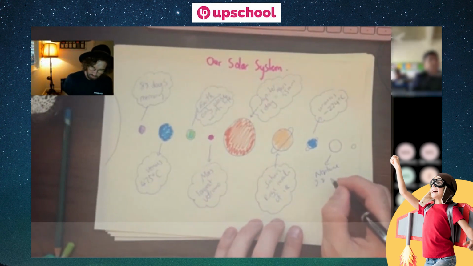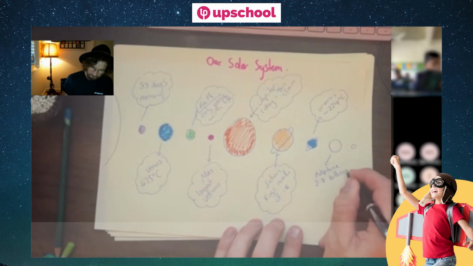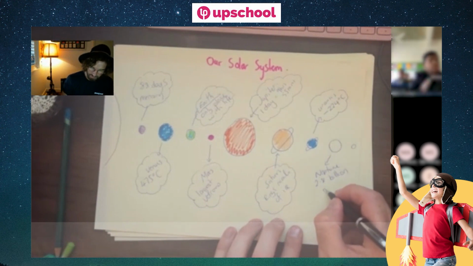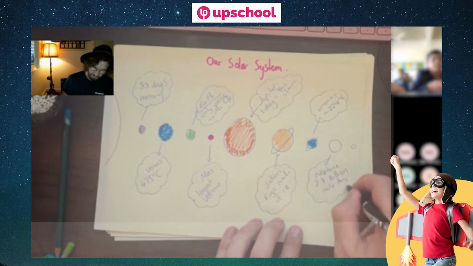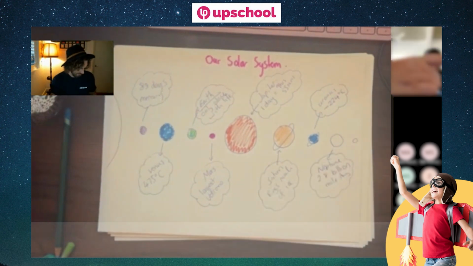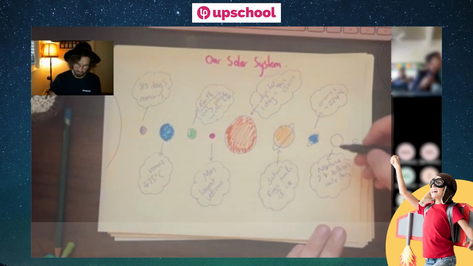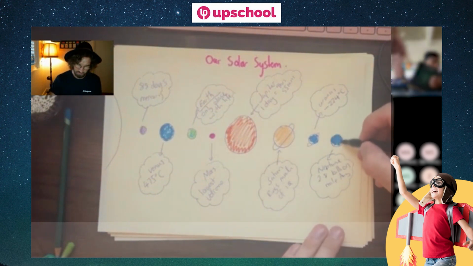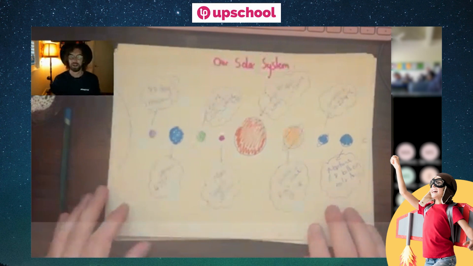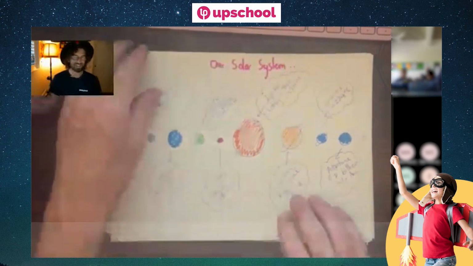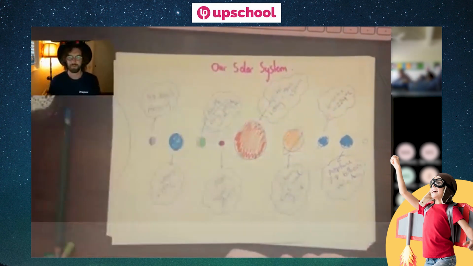It's 2.8 billion miles away. 2.8 billion, that is very, very far indeed. And once again, Neptune is very, very cold. I'm going to color it blue. So my diagram is looking like this. I hope that yours is looking similar to mine.